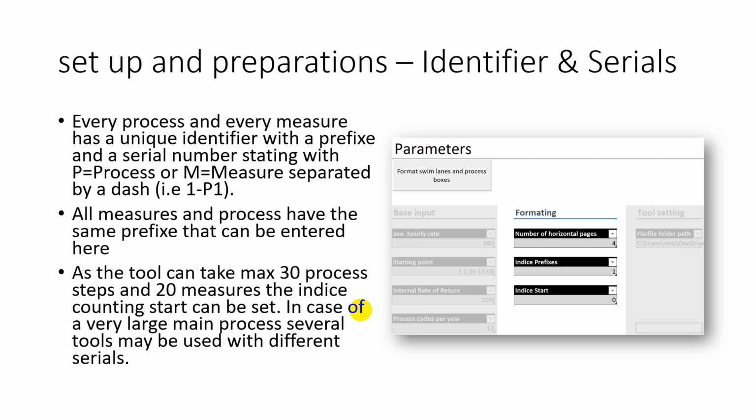Should you, for a very large main process that can be divided into more than 30 processes and more than 20 measures, need to split that into two tools, you will have to uniquely identify the different measures, and the different process steps need to have an index prefix in order not to have doublets in your calculation or in your display.